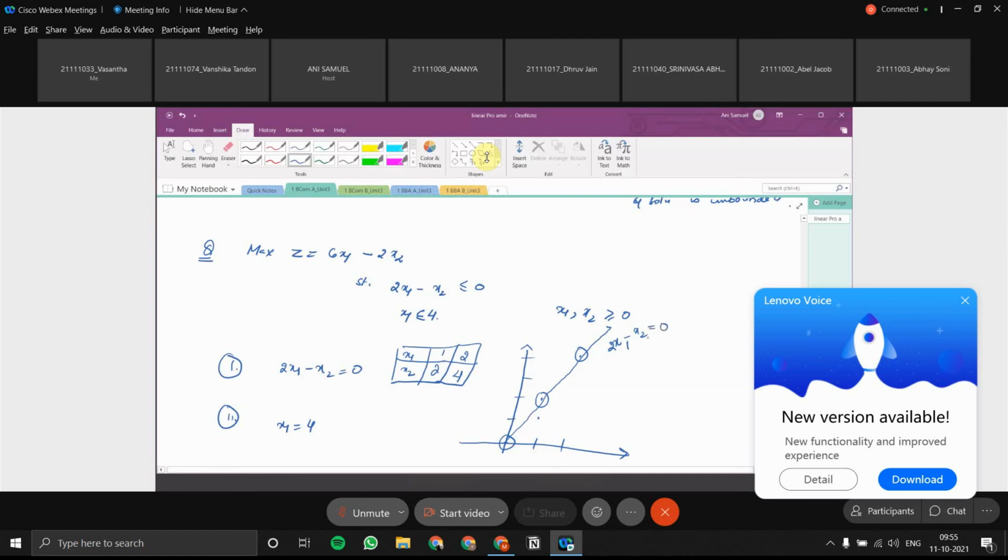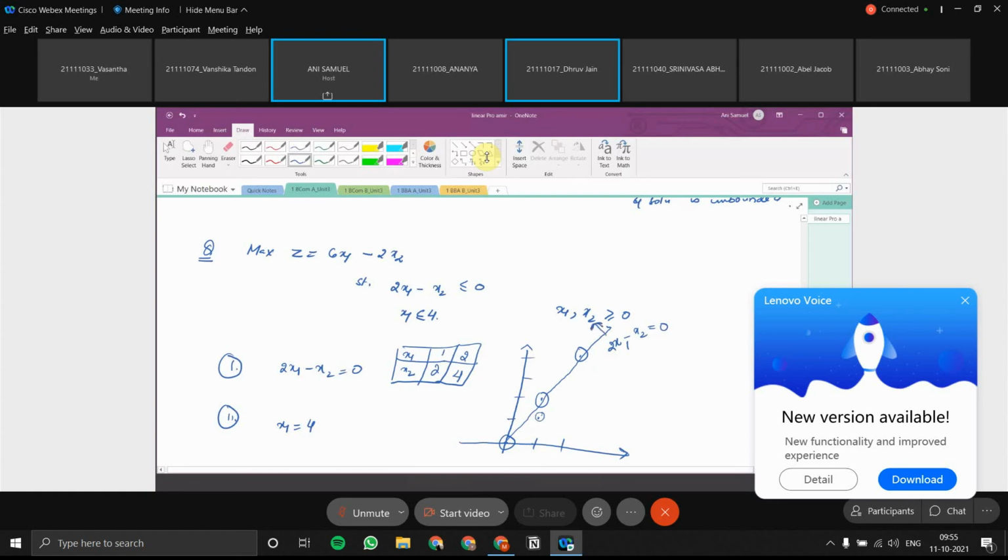This is my 1, 1. Is it satisfying or not? It is not satisfying. So we have to go above, right? This is the region.